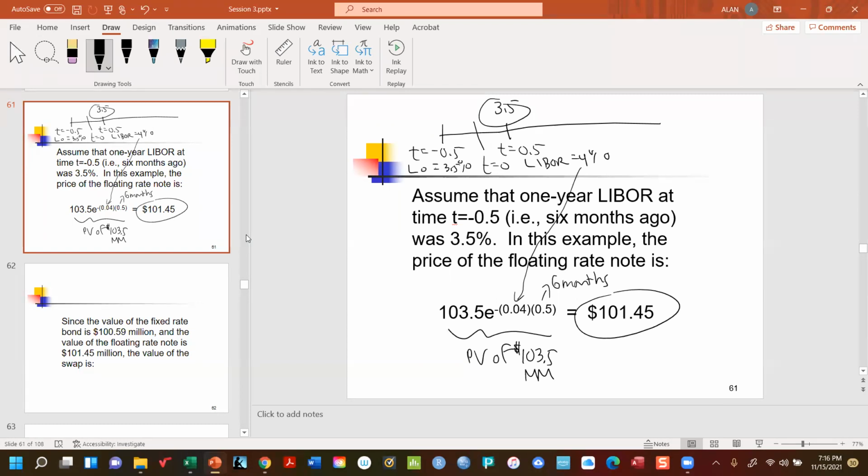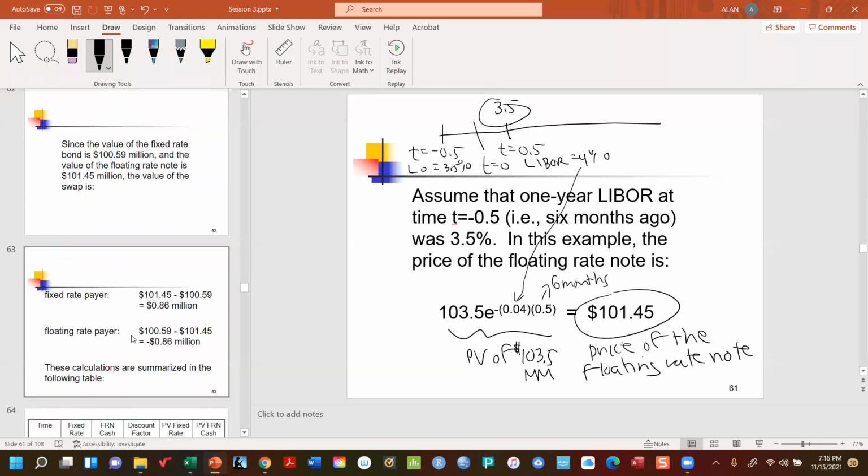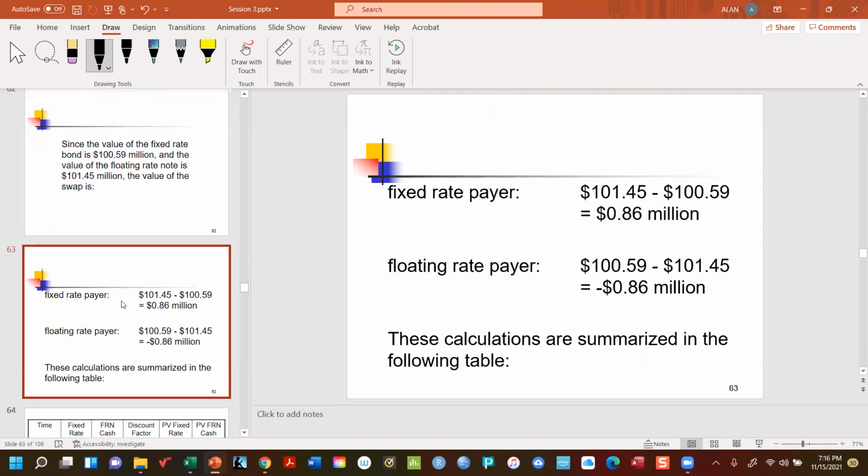So this is the price of the floating rate note in our swap. All right, so we've already figured out the price of the fixed rate note. So what this means is the following. From the perspective of the fixed rate payer, this is the floating rate bond.